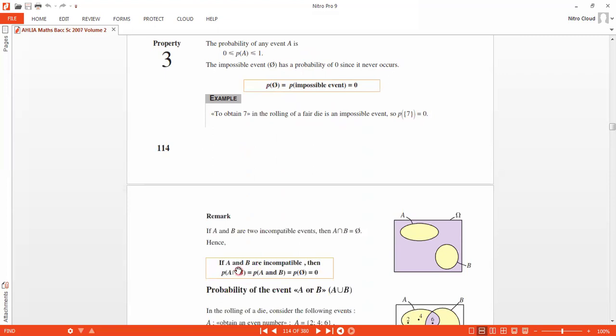The intersection is the common number between A and B. But if we don't have an intersection, as you can see here in the sample set, the probability of A intersection B in this case is 0. The set A intersection B is empty, but the probability of A intersection B is 0.